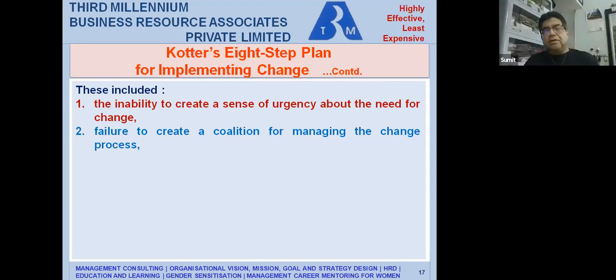Therefore, even if the idea is brilliant, you need to wait and analyze, create some coalition. That means the facilitating forces, the supportive forces should be more than the resisting forces, the restraining forces. Only then that idea will go through, right?